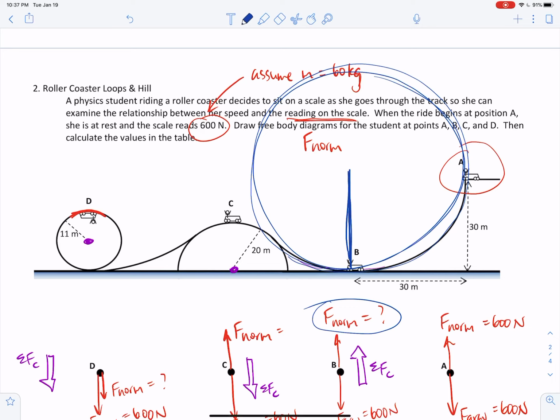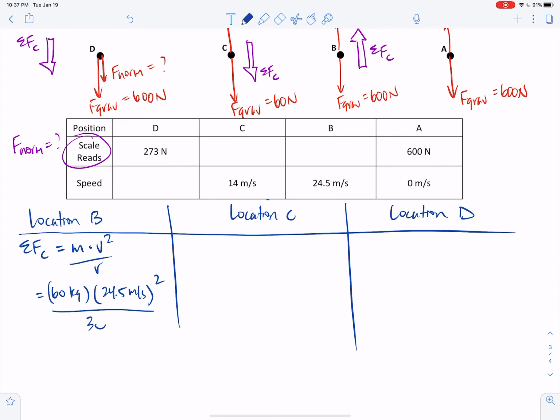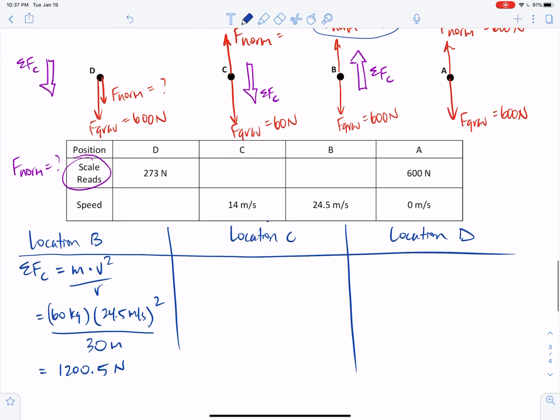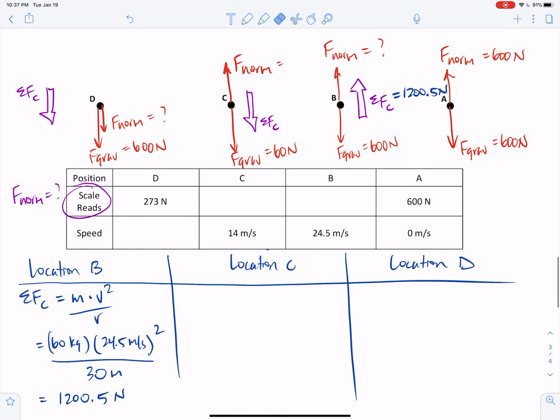We're actually told that is 30 meters. So that's the radius. Plugging that into my calculator, I get 1200.5 newtons, the sum of the forces in the centripetal direction. I'm going to go ahead and write that up here, 1200.5 newtons.